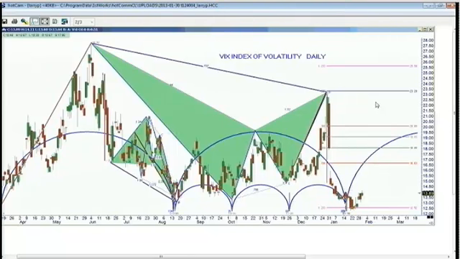So these are the things that you have to look at, because the VIX index, even though people say it's dead and it doesn't count anymore, I don't believe them, folks. This thing comes to life at the weirdest times and shows you that fear and greed are the two things that really run the market.